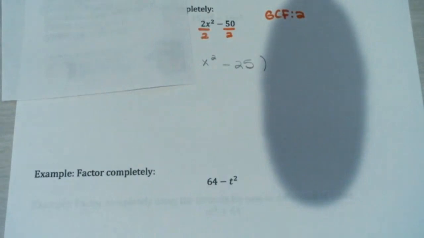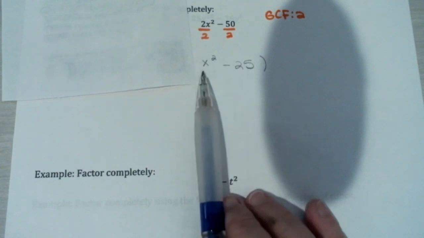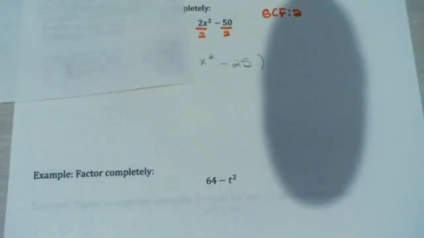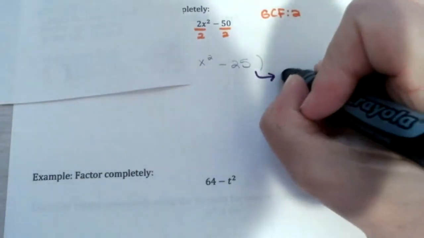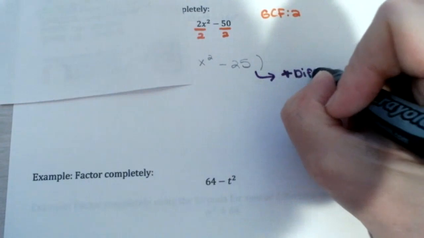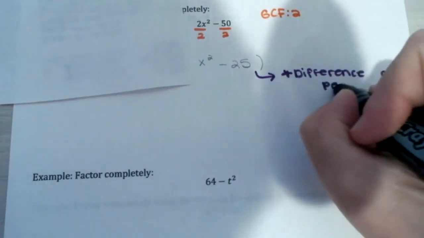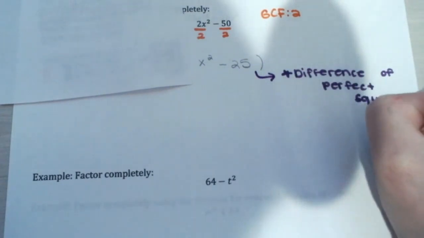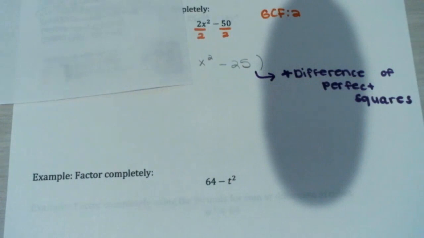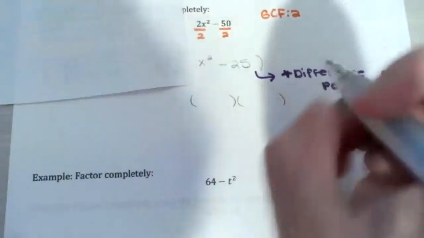If you notice, this is another difference of perfect squares. We are subtracting, so it's a difference of 2 perfect squares. Write that down first. Difference of perfect squares. So we can use that little shortcut that we just talked about and go straight to our answer. So we have our 2 factors.